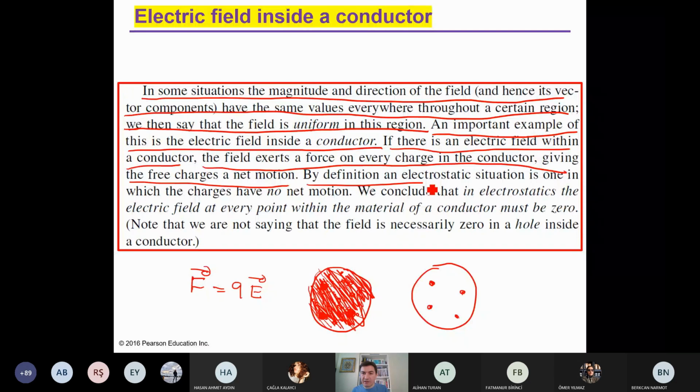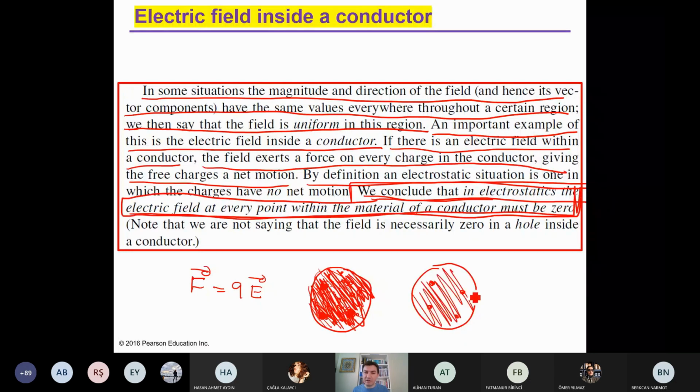We conclude that, this is very important, we conclude that in electrostatics, the electric field at every point within the material of a conductor must be zero, okay? Don't forget this one. If you have a metal completely filled with the metal, within this metal, the electric field is zero, okay? The electric field at every point within the material of a conductor must be zero.